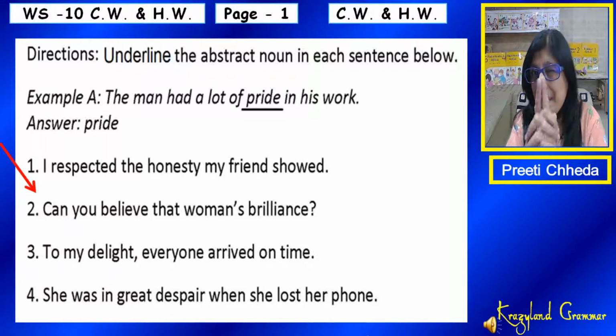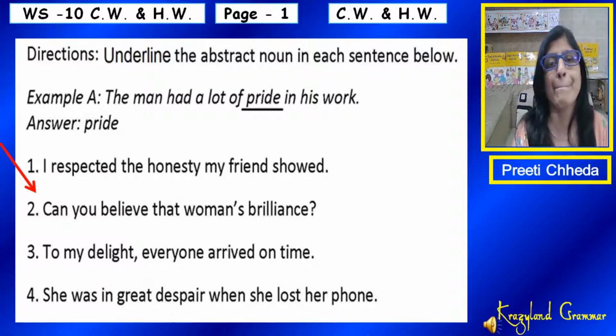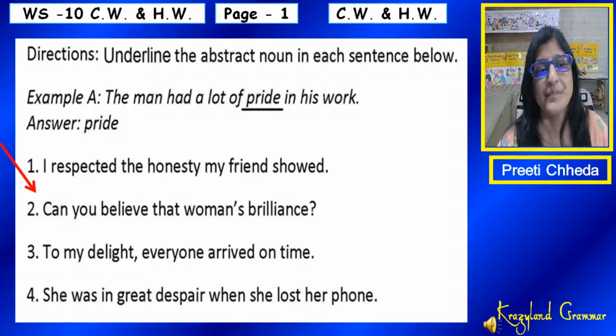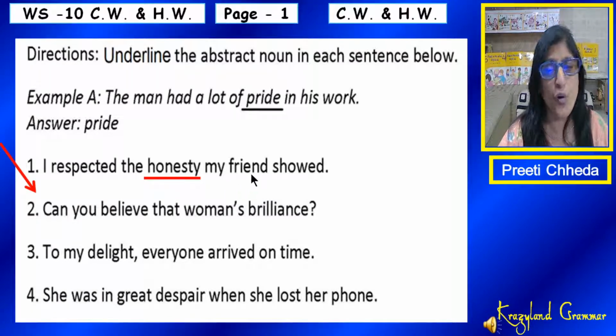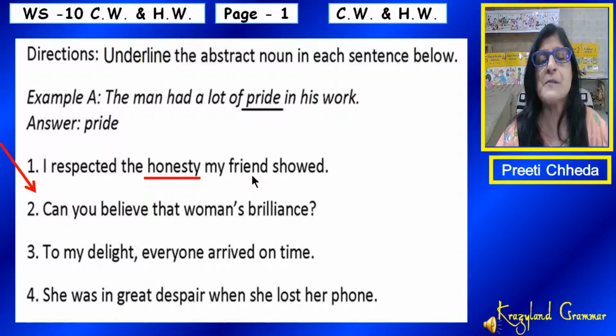Check word by word. Okay. I, no. Respected, no. The, no. Honesty, yes. My, no. Friend, no. Showed, no. So I respected the honesty my friend showed. So your friend showed some honesty, and I know I respected when you showed honesty.